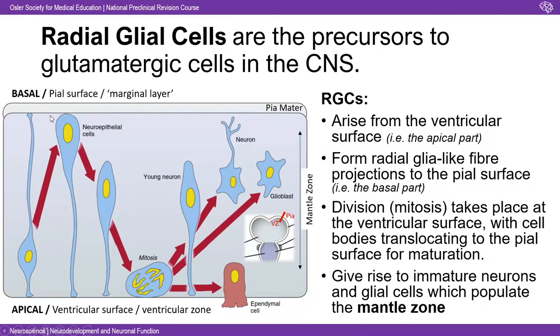We don't really know why. We do know that they establish these glial fibers that are later useful for the migration of neurons, but then the nuclei translocate back and they undergo mitosis at the ventricular zone before migrating into this mantle zone, where the neurons will happily sit and mature, and where our nervous system will develop.